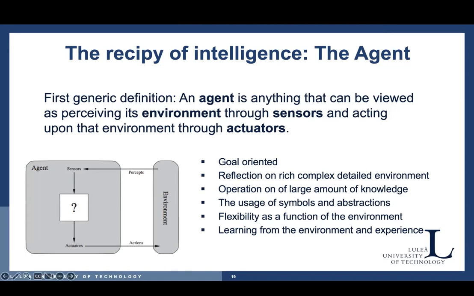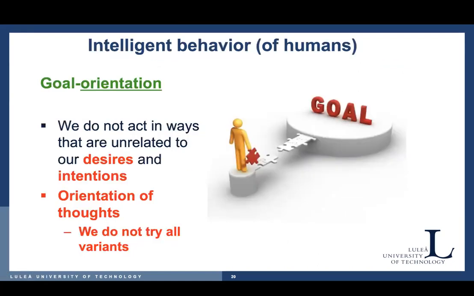Goal-oriented reflections on rich, complex environment, operation on a large amount of knowledge, usage of symbols and abstractions, flexibility as a function of the environment, learning from the environment and experience. Understanding of these properties would lead to choosing one or another way of artificially recreating this capability.